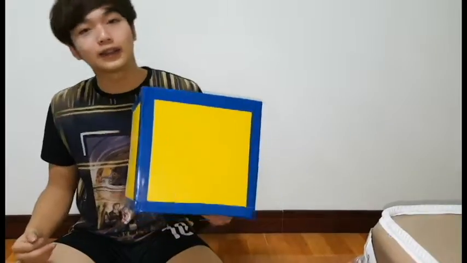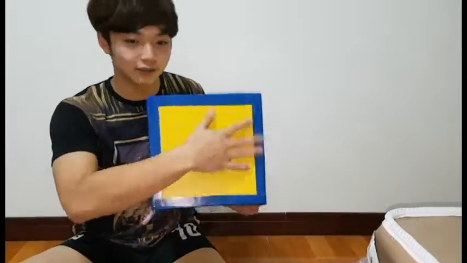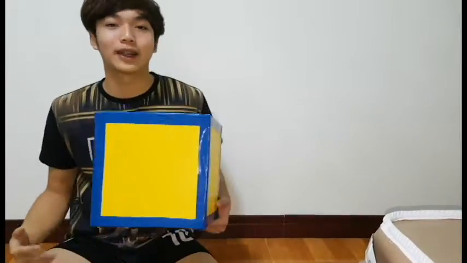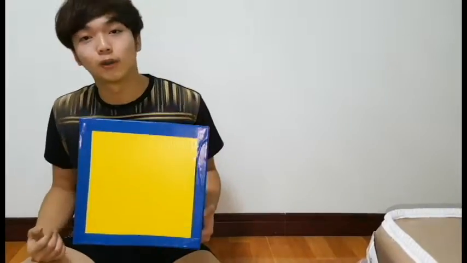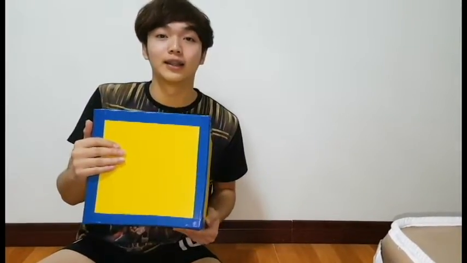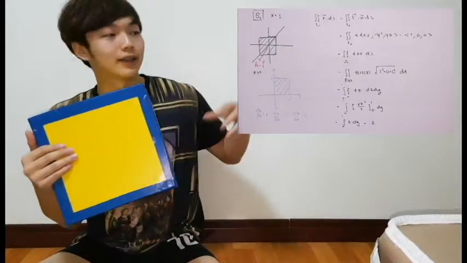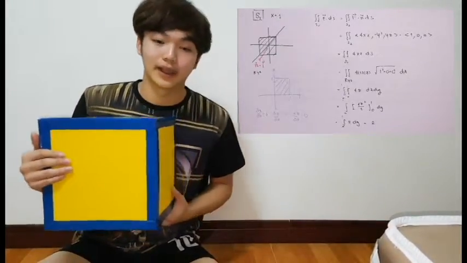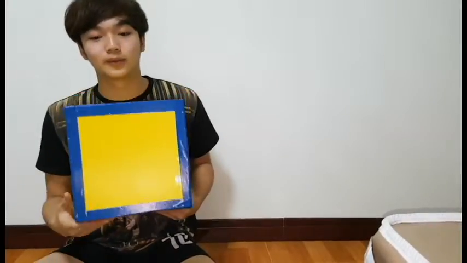The second surface is x equals 1, which is this surface. It is the same as the first surface, projected into the yz plane, but this time it is not x equals 0, it is x equals 1. This makes the equation look like this, so the result is 2.